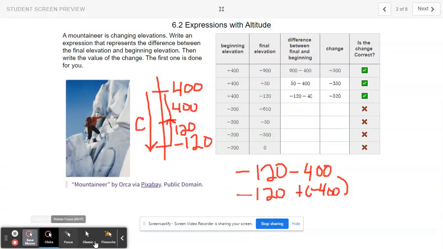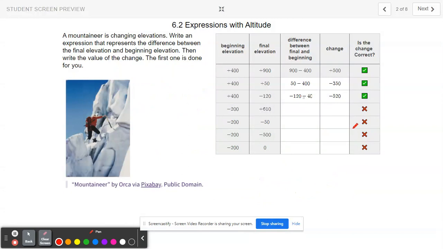All right, next problem. We have a starting elevation of negative 200, and our final elevation is actually 610. So it's way above the initial. So our change we know is going to be positive because we're going up.